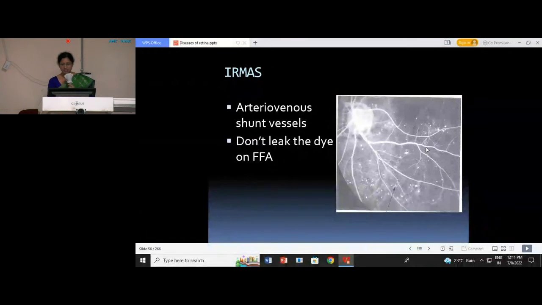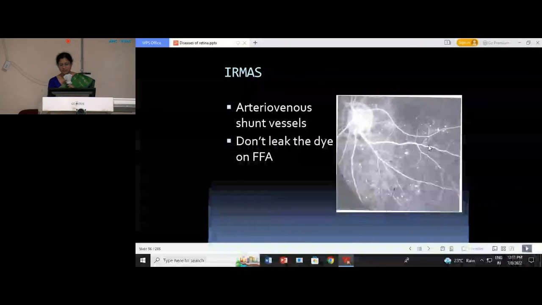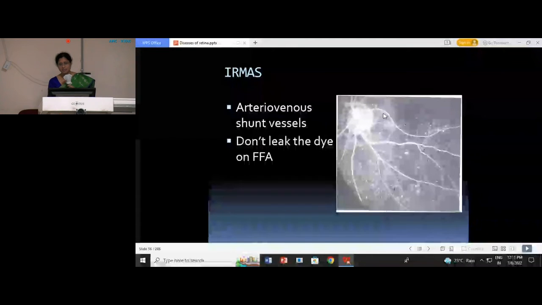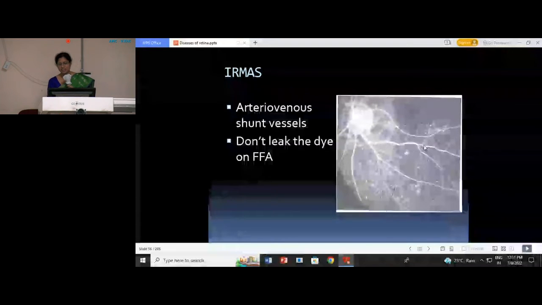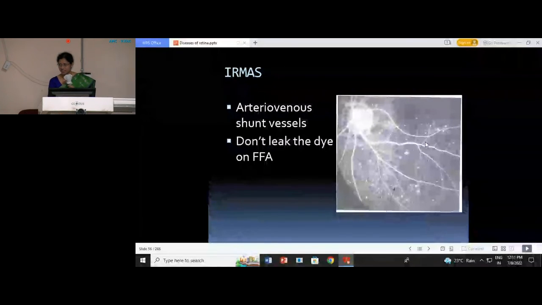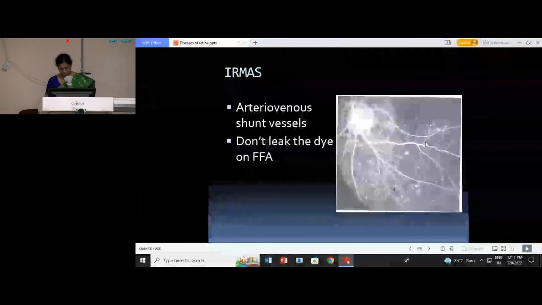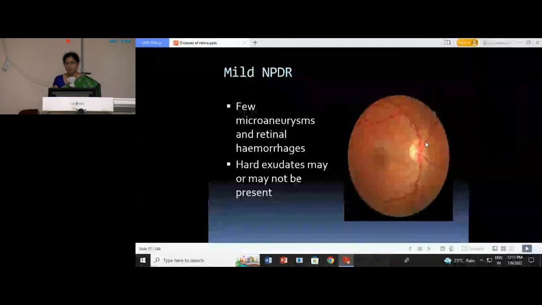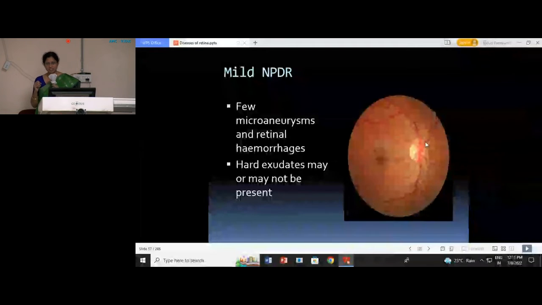This is the intraretinal microvascular abnormality. This is the artery, and this is the retinal vein. Between the artery and the vein we have the shunt vessels, known as IRMAs.